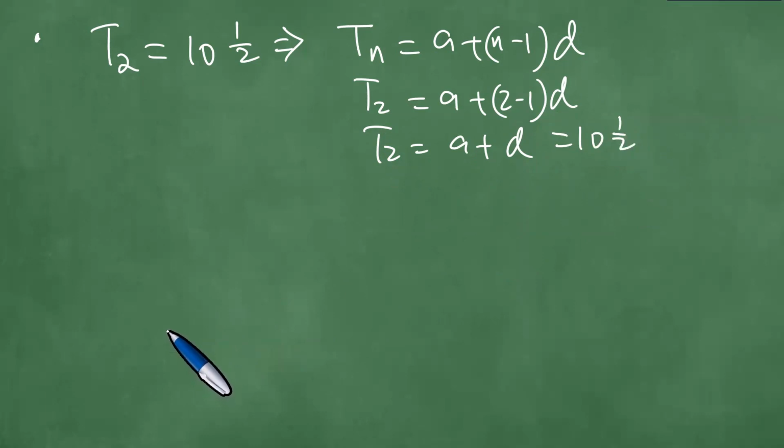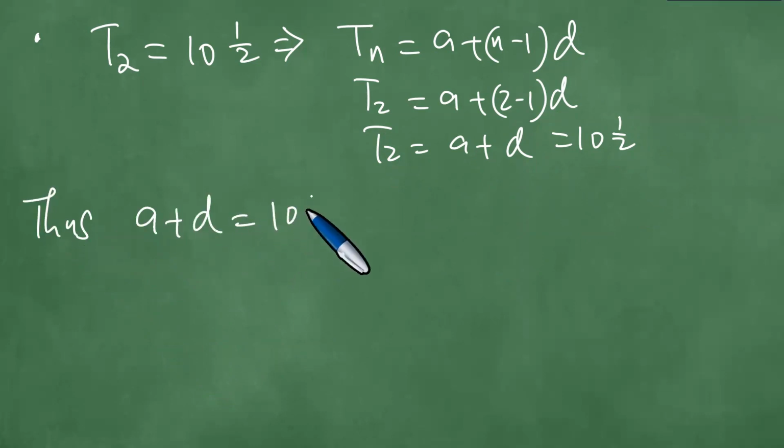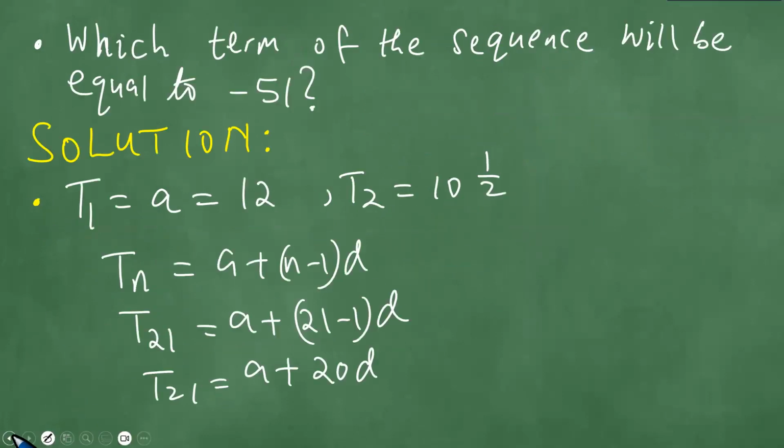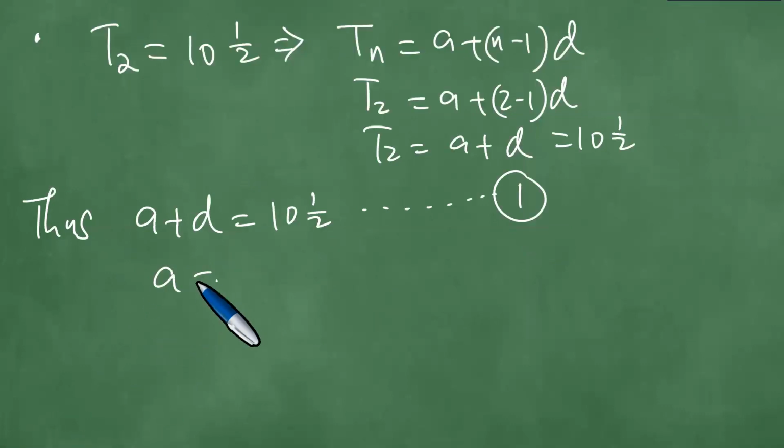So we have this equation: a plus the common difference is 10 and 1/2. And a equals 12. It's an equation. Call it 2.